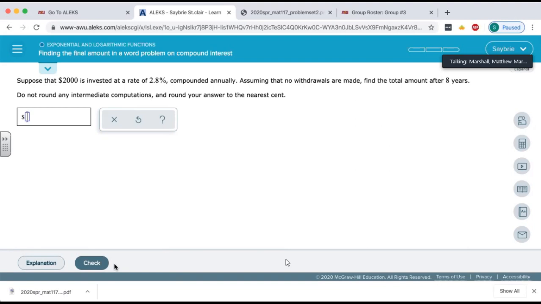Each time you do a calculation, it gives you a number. So if you're using your calculator, you're going to have to take that percent, that 0.028, and divide it by 1 first. And then you have to add that to 1.